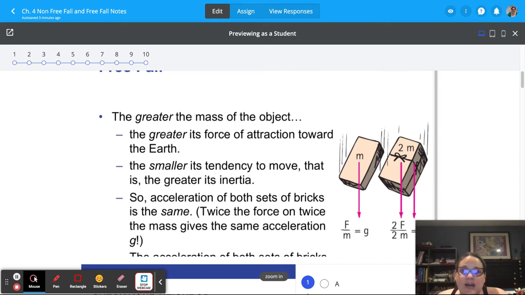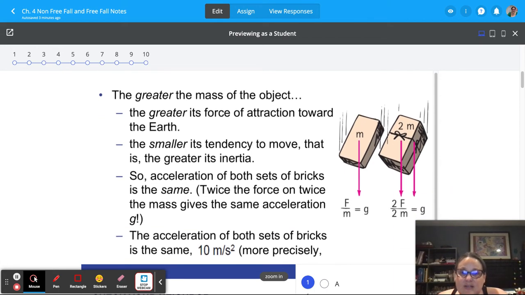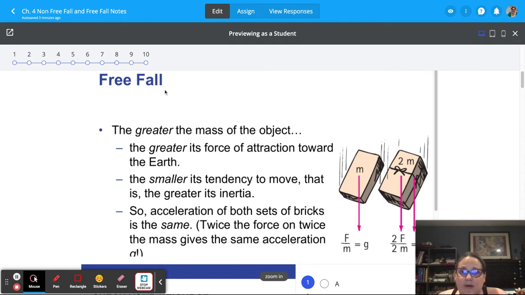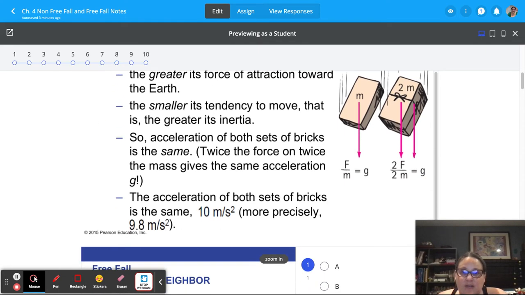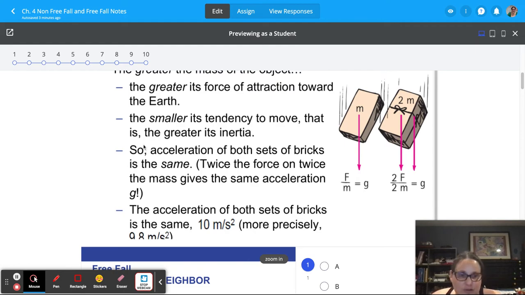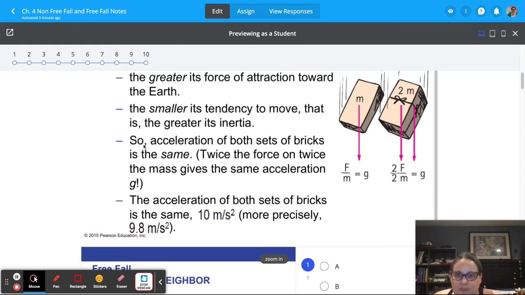So anytime objects are falling without air resistance, or they're falling in free fall, all objects will fall with the same acceleration of 10 meters per second squared. So 10 meters per second per second. Now, more precisely, that's 9.8, but we're using 10 just to make the calculations easier to estimate.